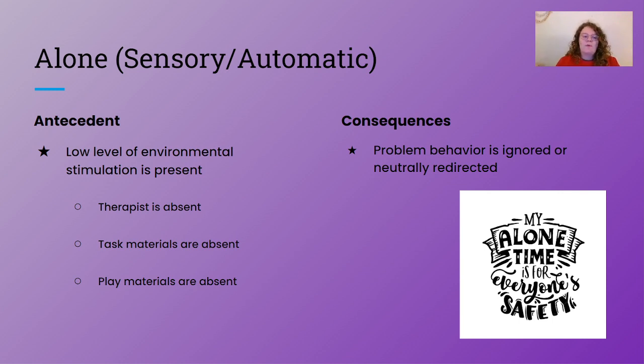You can be in the hallway. All of their playthings are in the hallway. Any pencils, work material in the hallway as well. They will not have access to any of it. And when your child engages in behaviors for decrease, it could be screaming, yelling, punching the wall. Completely ignore it or neutrally redirect them.